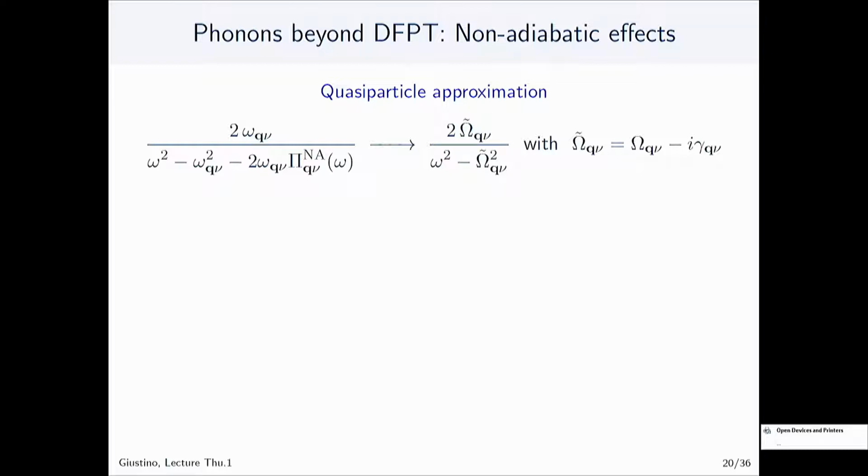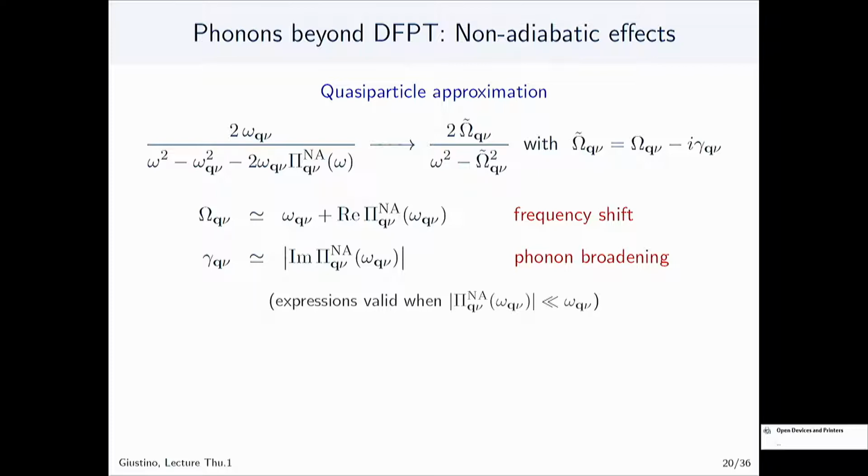It turns out that the real part is essentially the DFPT frequency plus a shift, which is the real part of the self-energy, and the imaginary part is essentially the imaginary part of the phonon self-energy. The name of this object, gamma, is the same name that you had yesterday in the tutorial, okay? So what you were calculating yesterday is essentially this quantity. And the way to understand it is to go through these steps, okay?